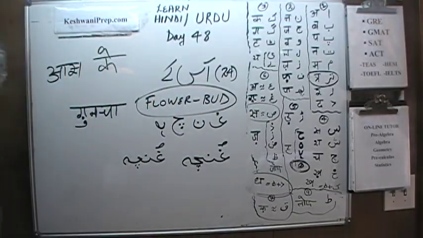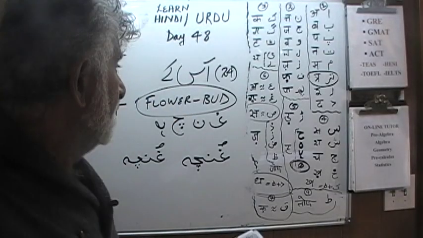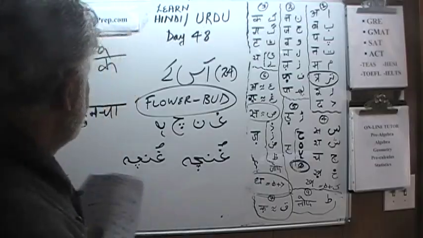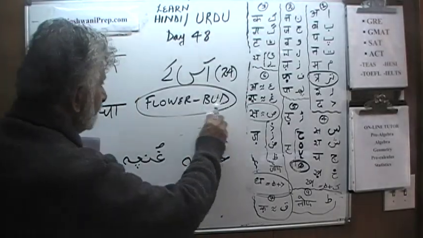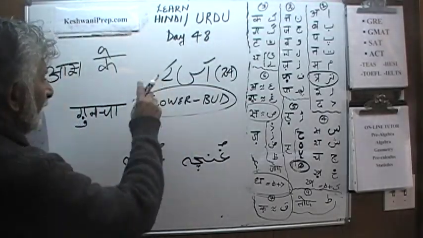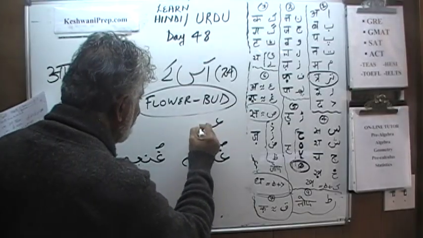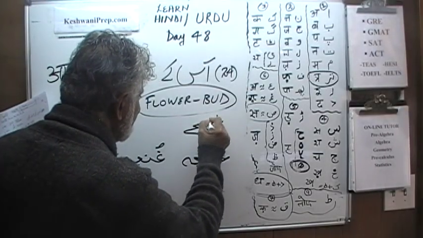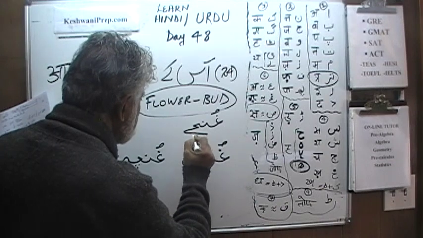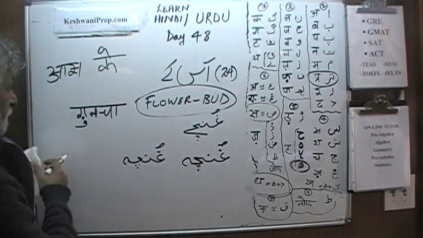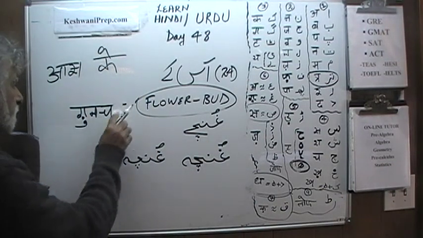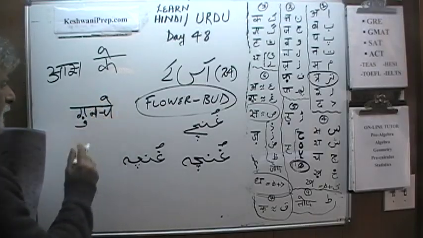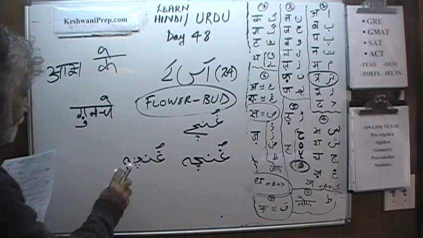Plural of guncha will be gunche, and gunche is what we need here. Aas ke gunche. Gunche. Aas ke gunche.